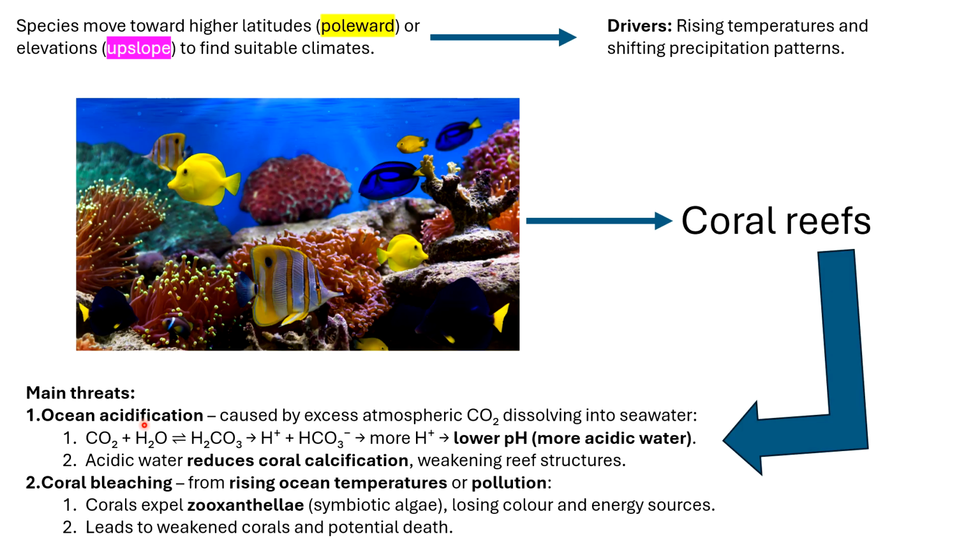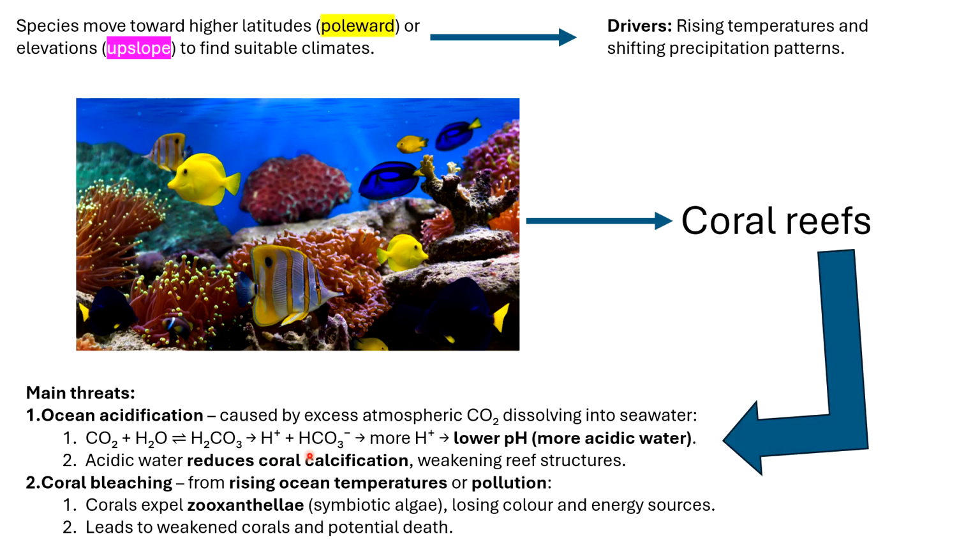First one, ocean acidification caused by the excess atmospheric CO2 that dissolves into seawater. This isn't chemistry, so you don't necessarily need to know this, but just understand that CO2 mixes with the water, the H2O. This is a reversible reaction, but that's irrelevant. This forms, I believe, carbonates or something like that, and this carbonate turns into hydrogen ions.